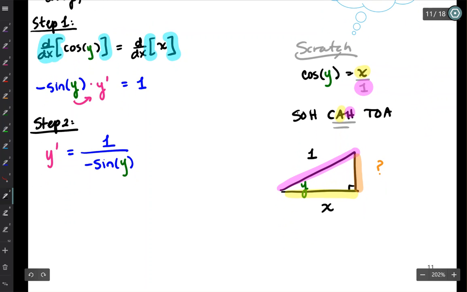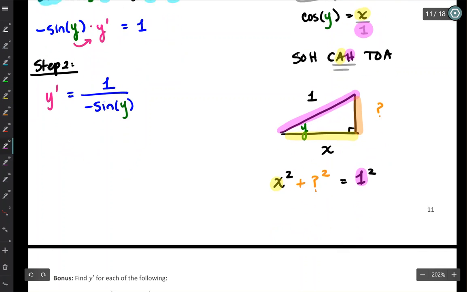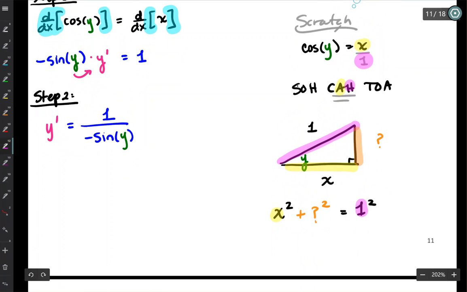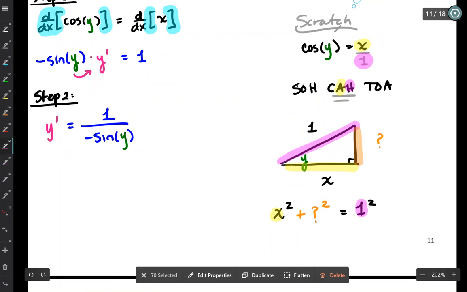I know x squared plus the thing I'm looking for squared is equal to 1 squared. 1 squared is just 1.